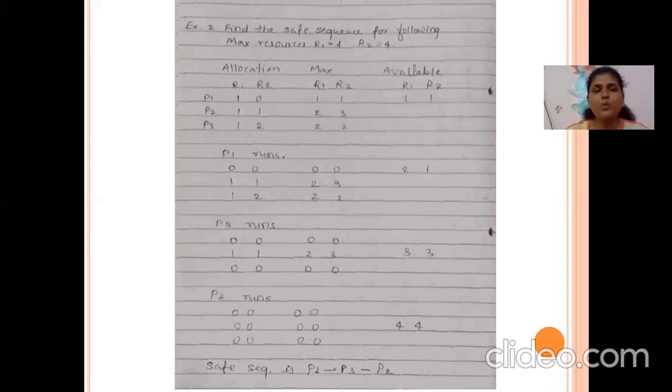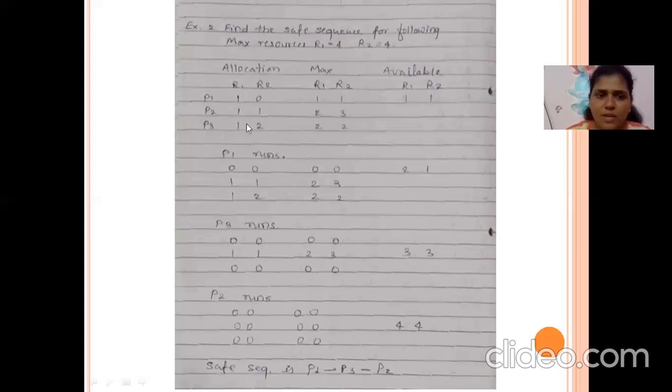So what P1 will do, it is already having 1 resource of R1. It takes from the available matrix 1 more resource of R2 type. So that resource will be taken and its need is satisfied. It will execute and it will release all the resources back to the available.